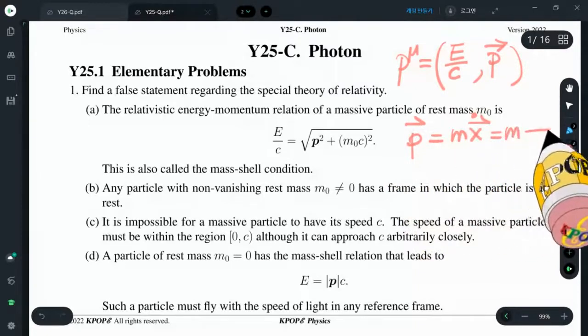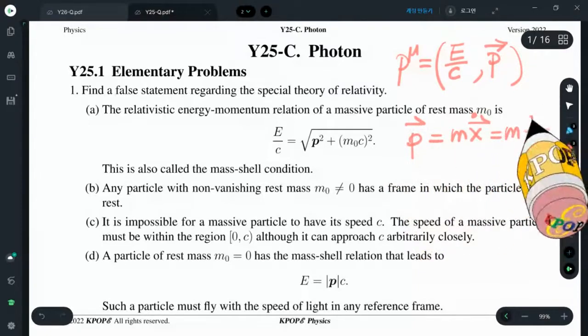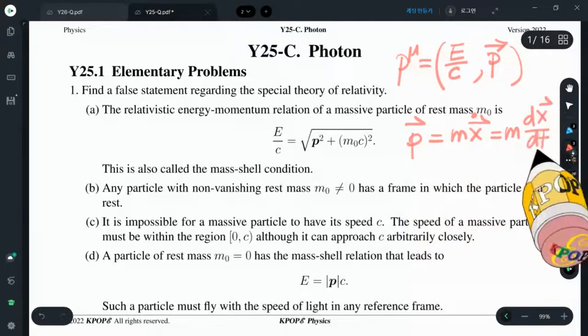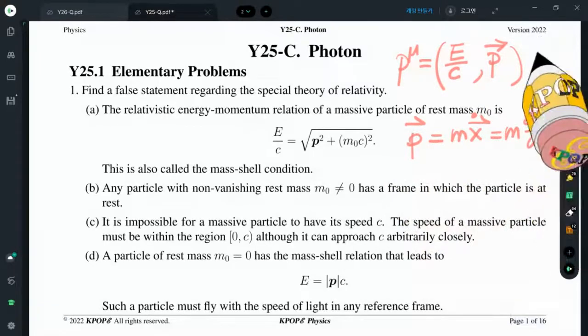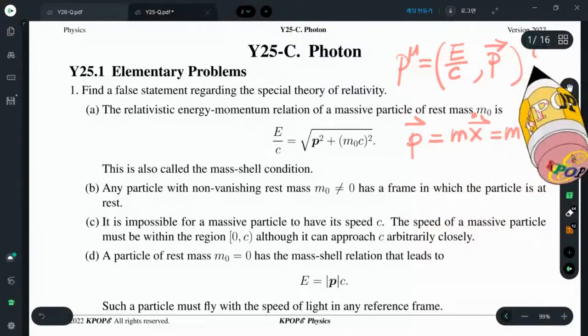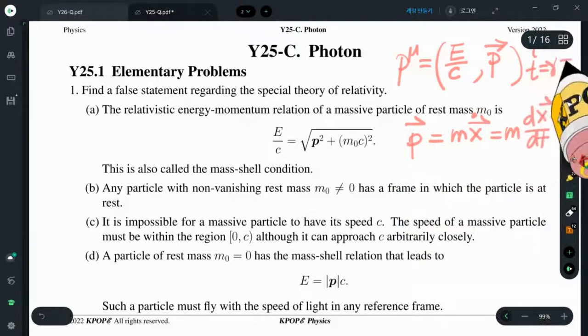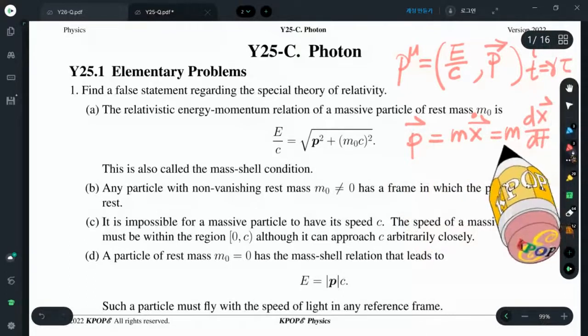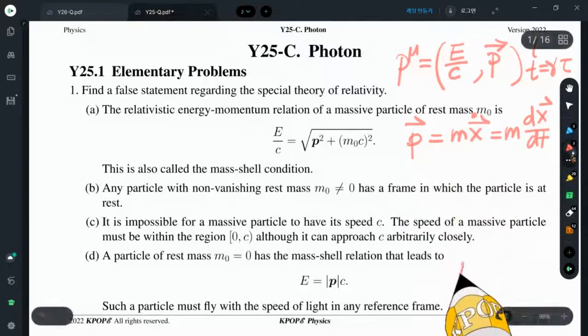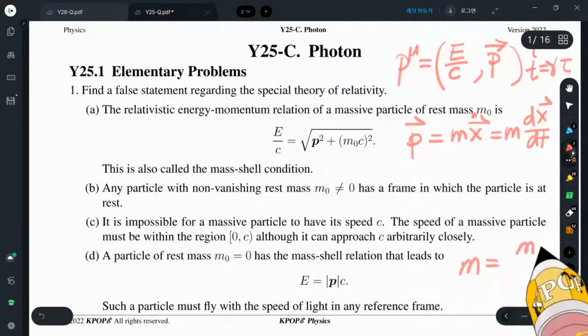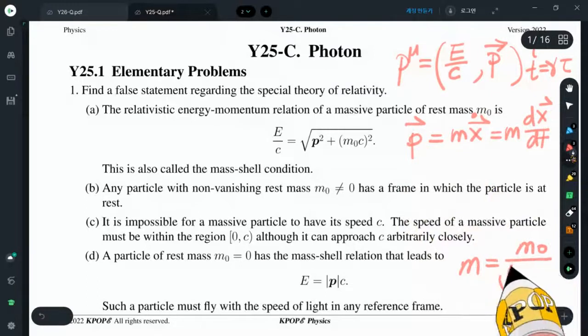Mass times velocity means a derivative with respect to time. That is, this time is gamma tau. And mass is rest mass divided by a strange factor called the Lorentz factor.